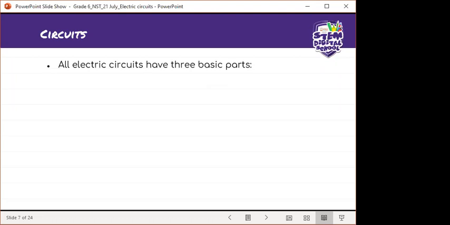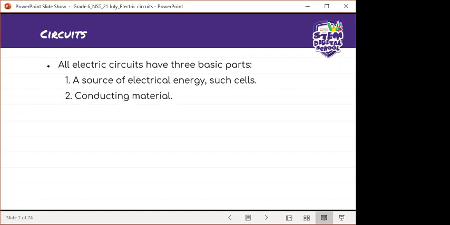Right. So all electric circuits have three basic parts, right? Important. All electric circuits have three basic parts. And the first one is a source of electrical energy, which, for example, is cells or a battery. Then, secondly, all electrical circuits have conducting material.